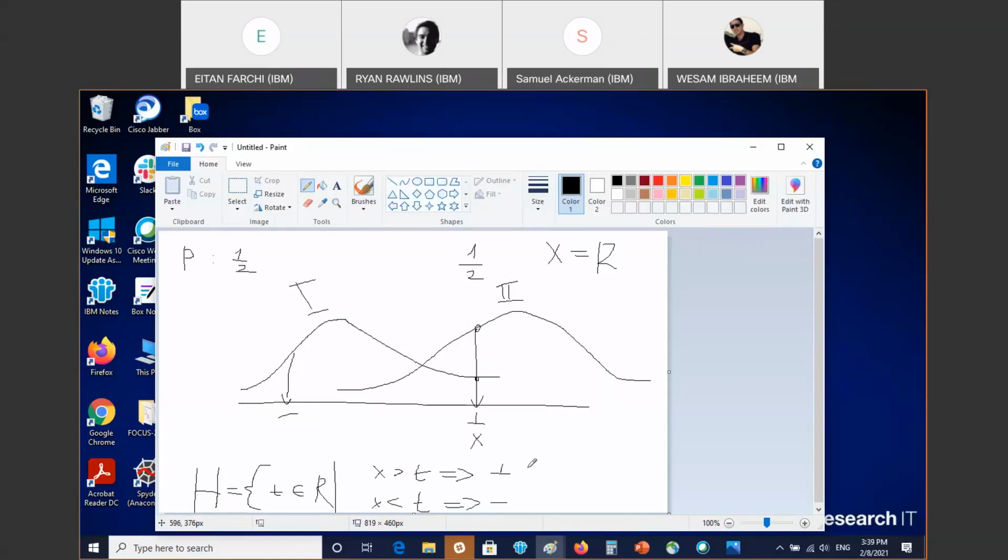So that's a hypothesis set, right? Is the hypothesis set finite or infinite?